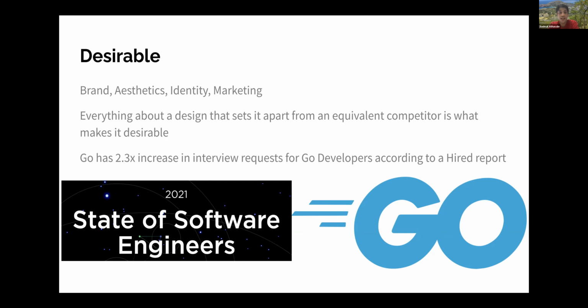Go is really good at the things it does, but what really helped set it apart was it was backed by Google. It was really easy to learn, and those paradigms made it desirable. And that desirability factor, that intrinsic value, is part of the reason, not all of the reason, but part of the reason it's propelling out today. And that's why I learned Go last year and the year before.